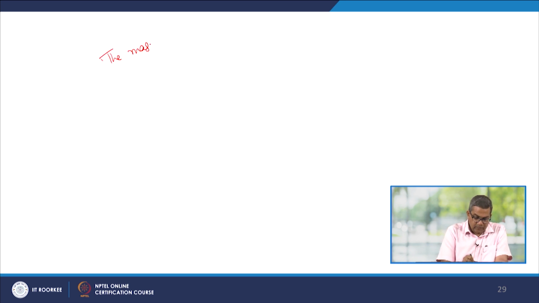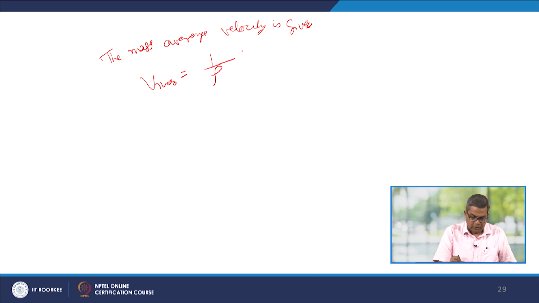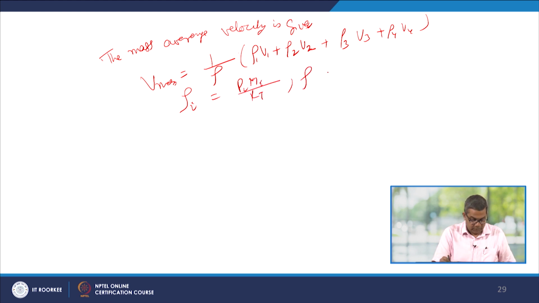So, the mass average velocity is given by V mass average, which is equal to 1 over rho into rho 1 V1 plus rho 2 V2 plus rho 3 V3 plus rho 4 V4, and rho i is equal to Pi Mi over RT, and rho is equal to P M average over RT.